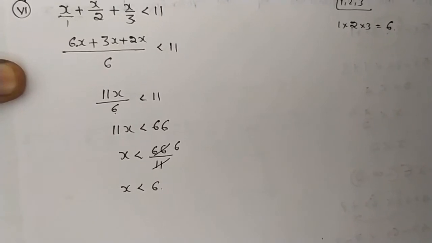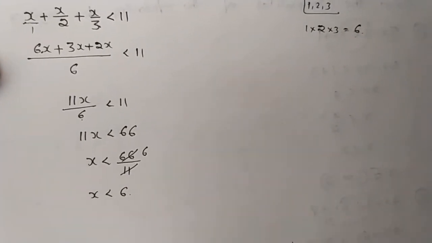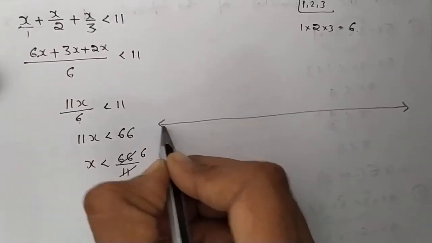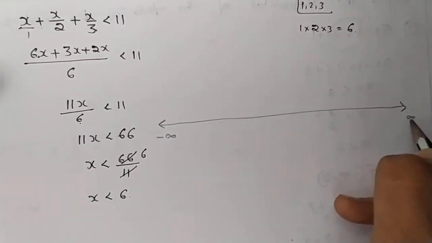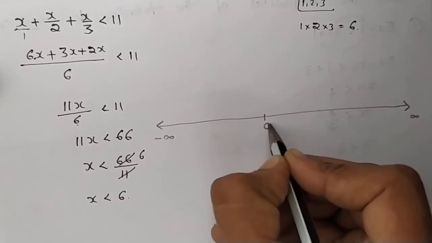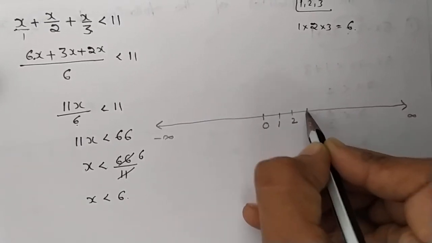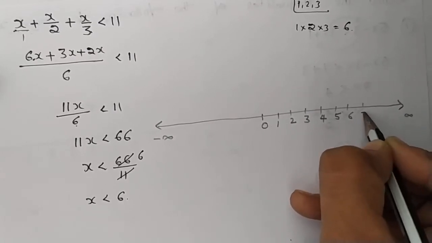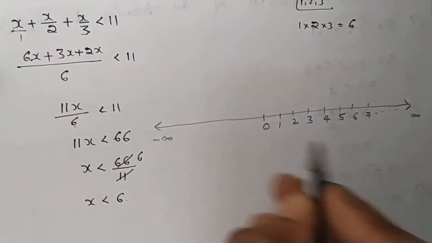Now we have to represent this on a number line. Take one number line, minus infinity to plus infinity. 0, 1, 2, 3, 4, 5, 6, 7 and so on up to infinity.